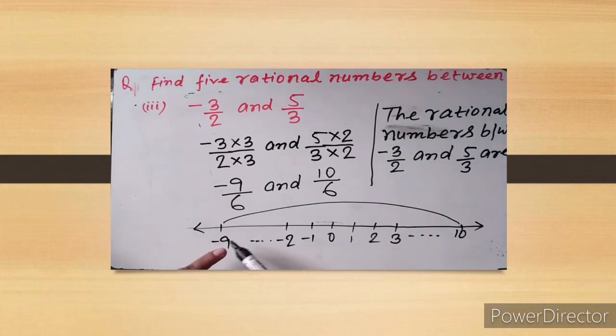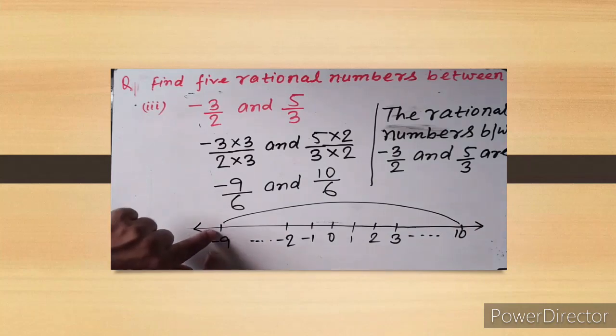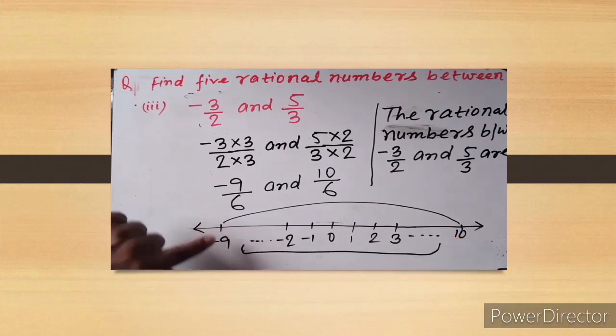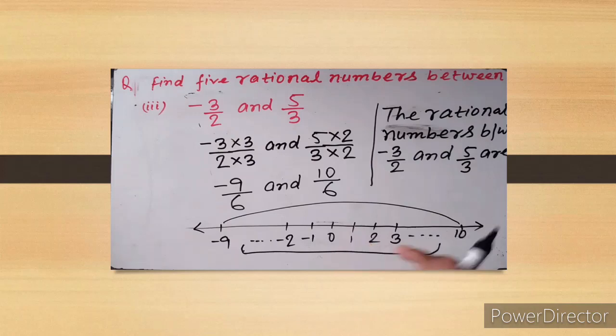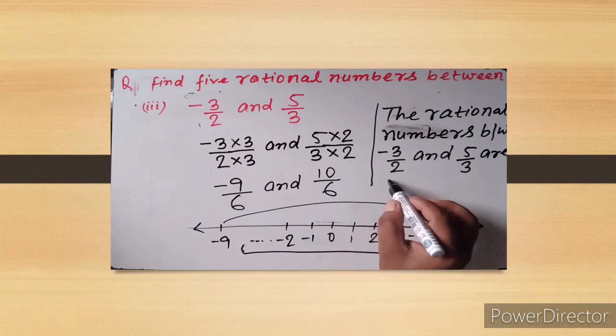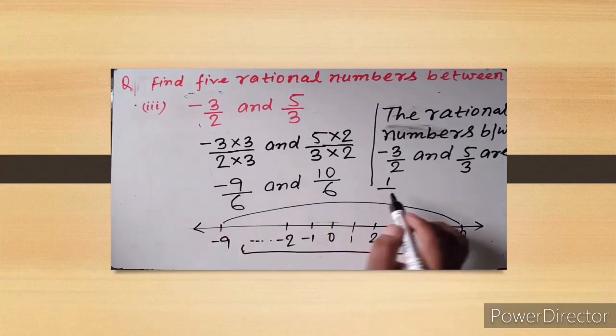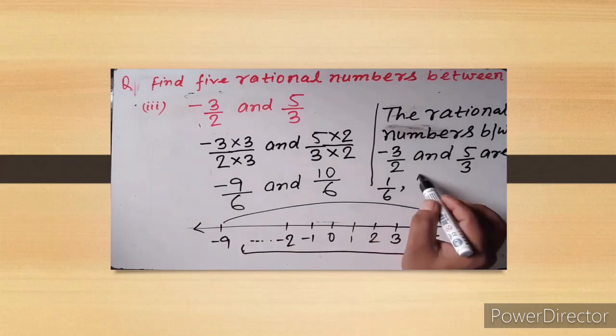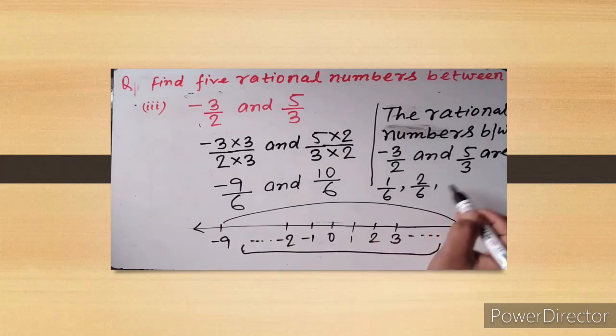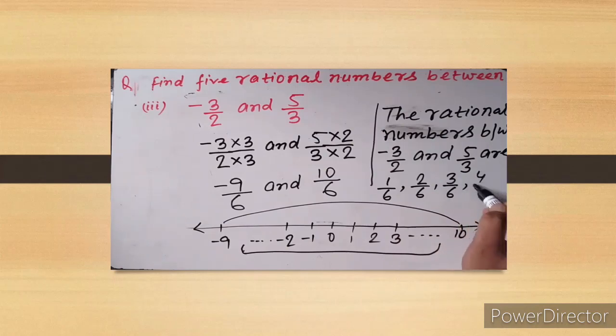My dear students, between minus 9 and 10, you can take any one from this collection. I want to take 1 upon 6, comma, 2 upon 6, comma, 3 upon 6, comma, 4 upon 6 and 5 upon 6.